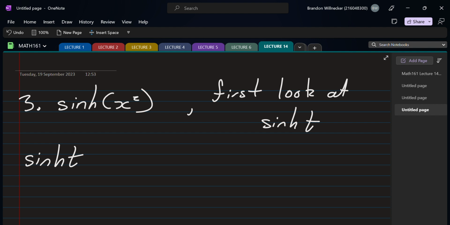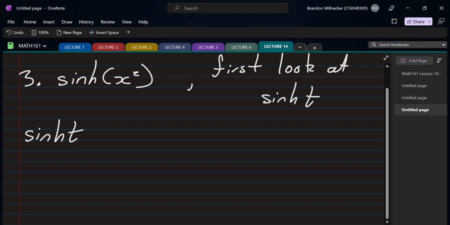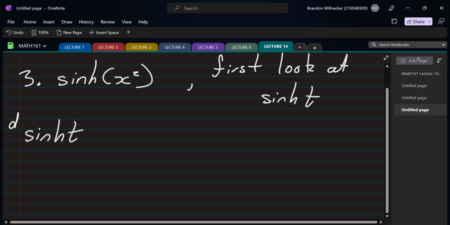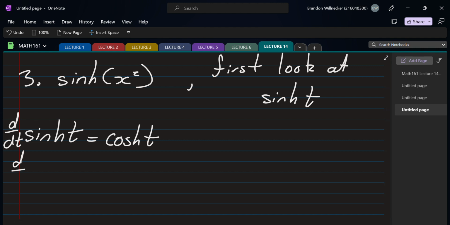So let's look at sine hyperbolic t. The derivative of sine hyperbolic t is cos hyperbolic t, and the derivative of cos hyperbolic t is sine hyperbolic t. So let's write that down. d by dt of sine hyperbolic is cos hyperbolic, and d by dt of cos hyperbolic is sine hyperbolic.